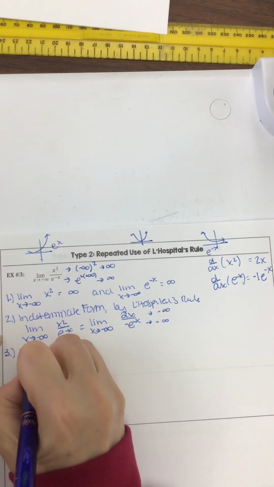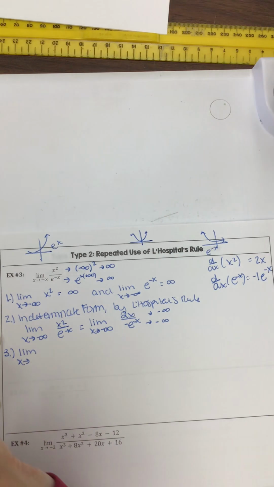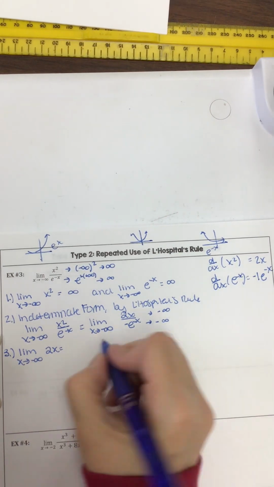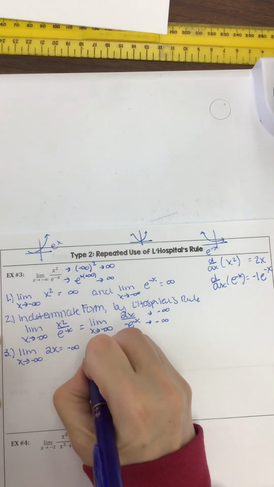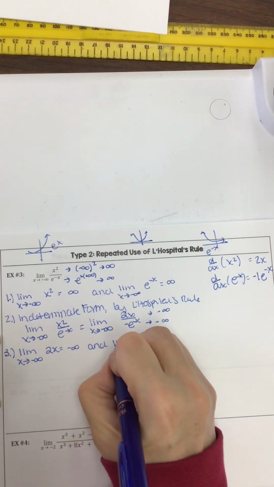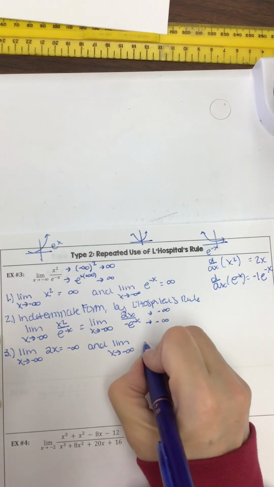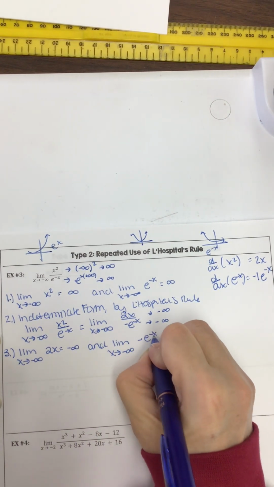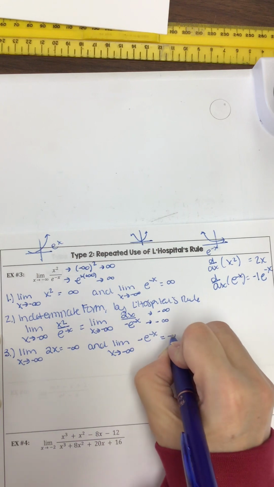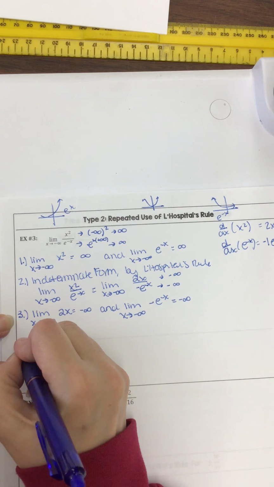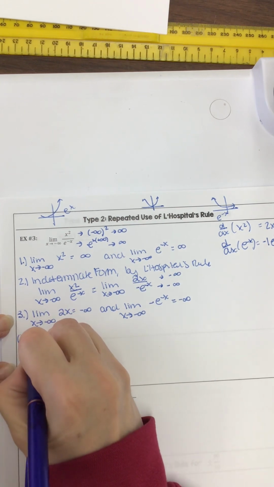The limit as x approaches negative infinity of 2x equals negative infinity, and the limit as x approaches negative infinity of negative e to the negative x also is negative infinity. So again, indeterminate form.